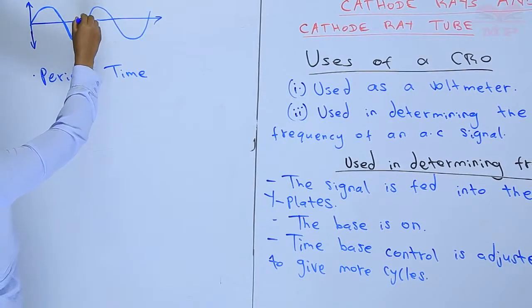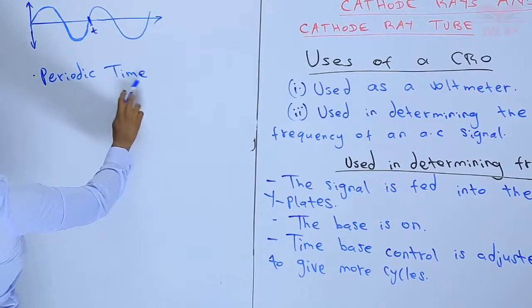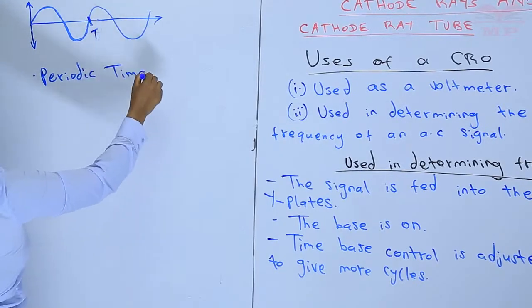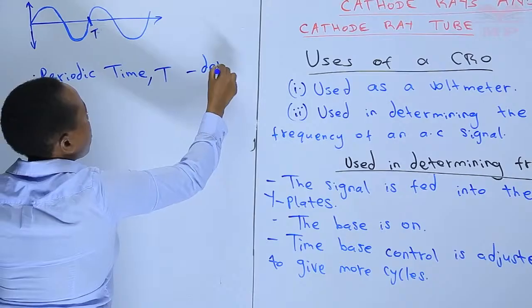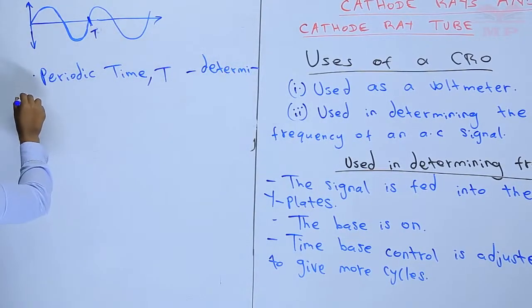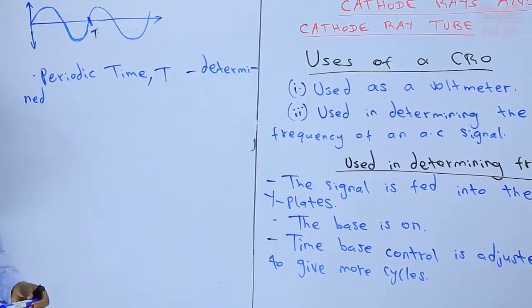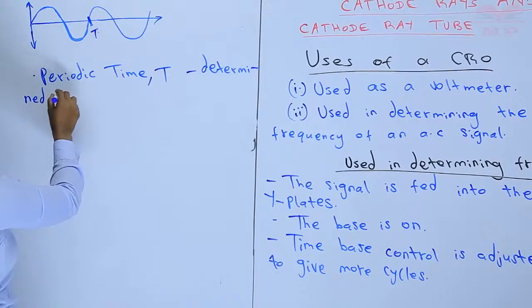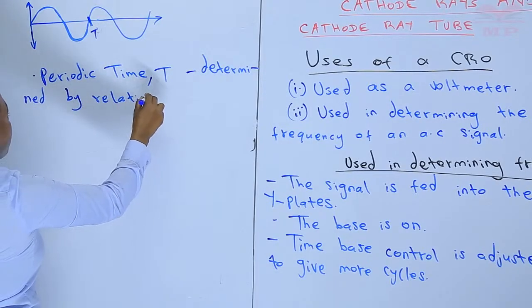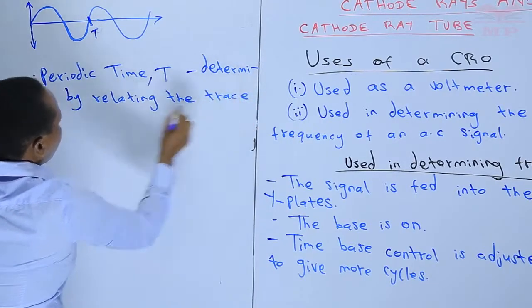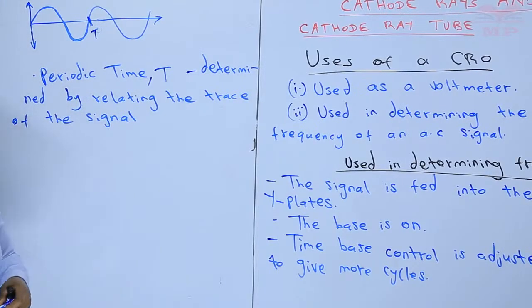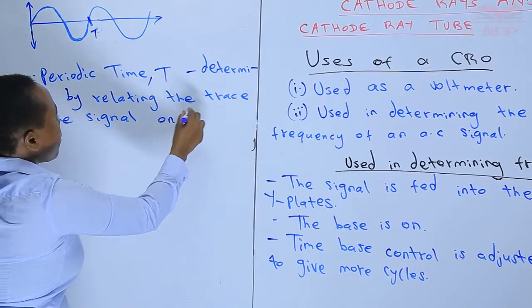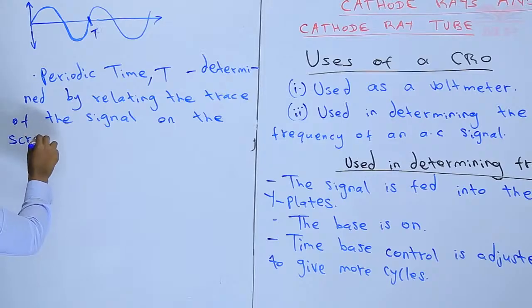This time which is taken to complete this cycle is what we are now calling the periodic time, represented using a capital letter T. And we can say that the periodic time is determined by relating the trace of the signal on the screen with the time base setting.